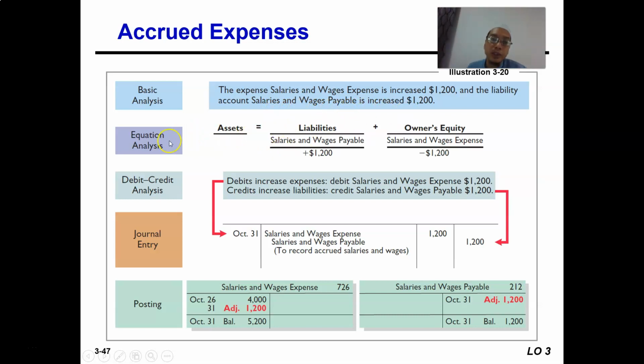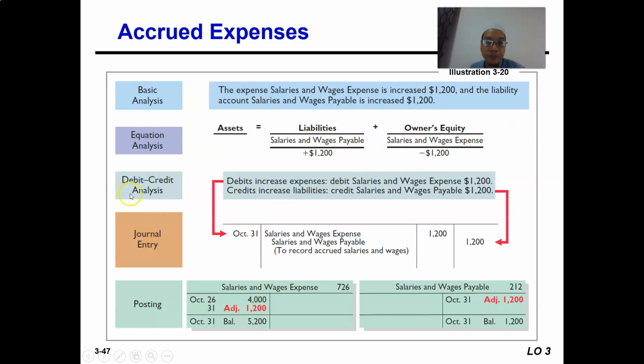The equation analysis is that because we increase salaries and wages payable, we increase our liability, and because our expense also increases, salaries and wages expense reduces owner's equity. Therefore the effect is a reduction of 1,200 on the owner's equity side, so we have a net of 0 change.